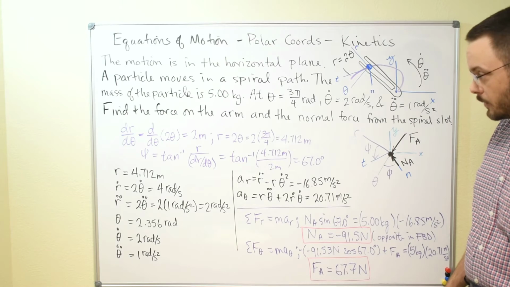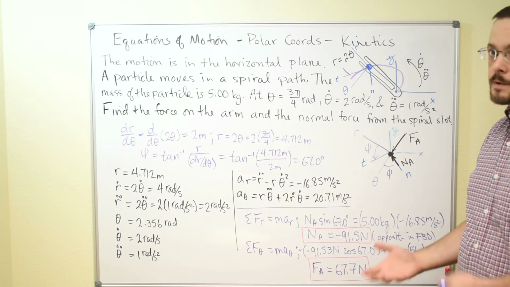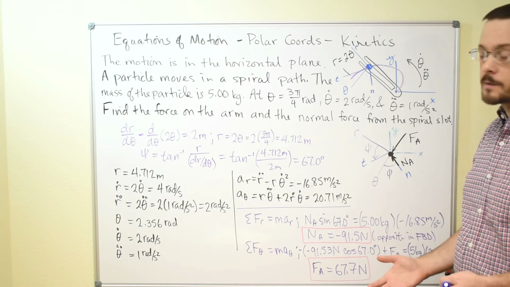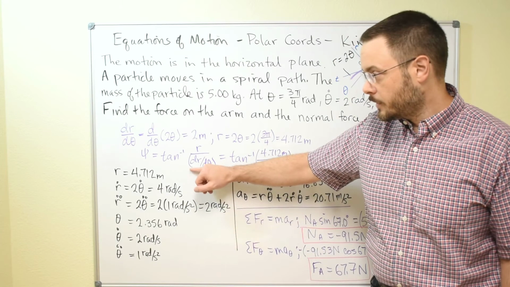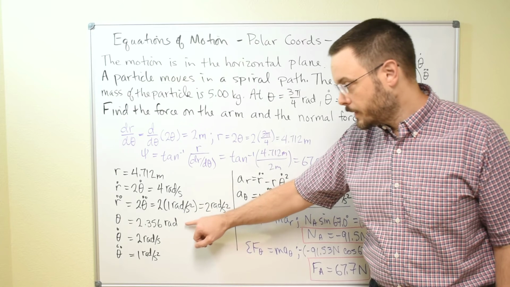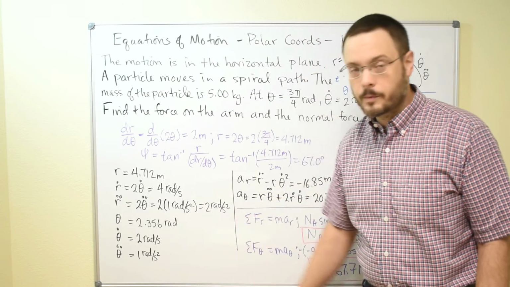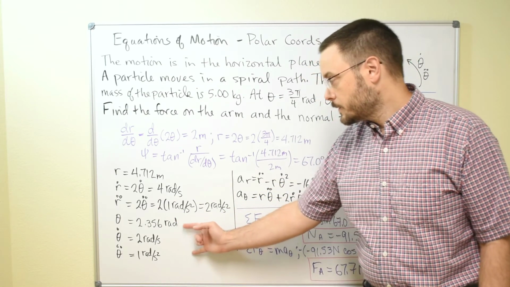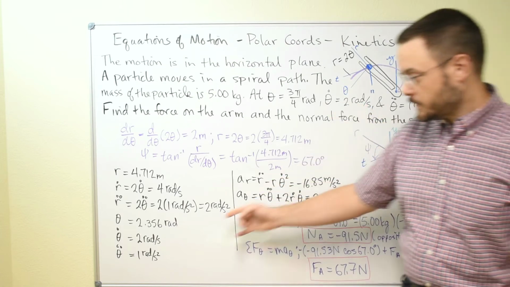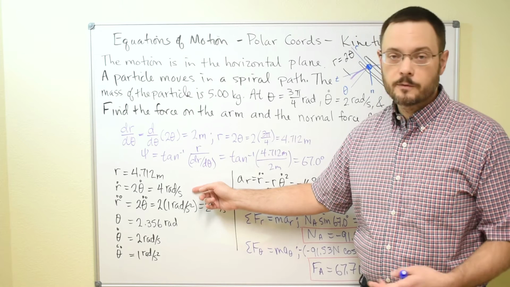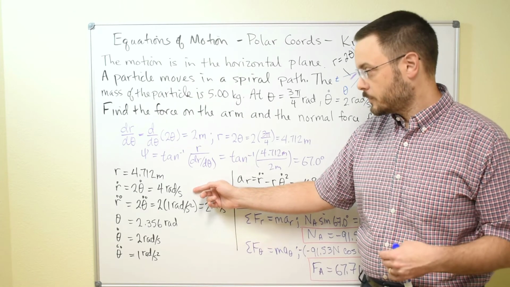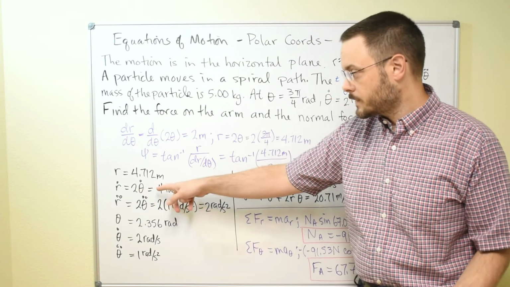And then from here, the next step is really just the same thing that you did with kinematics with polar coordinates, which is to fill in this table. So you want r, r dot, r double dot, theta, theta dot, and theta double dot. Now these quantities with theta were given in the problem statement, so I just copied those down here. R dot would just be the first derivative of 2 theta with respect to time, so you get 2 theta dot.